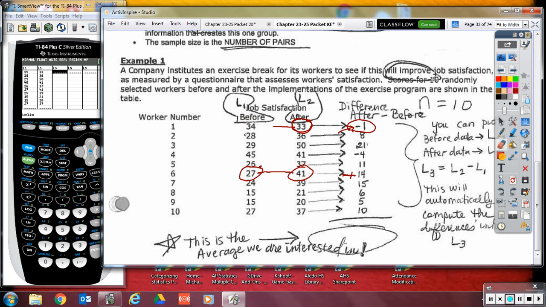Put the before data into list 1 and the after data into list 2. And after you get that, then I'm going to show you how to let the calculator compute the third list on its own. Okay, so go ahead and put those in there. L1 is the before, L2 is the after.